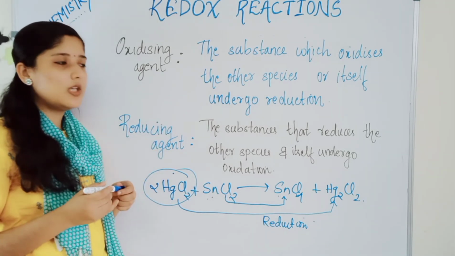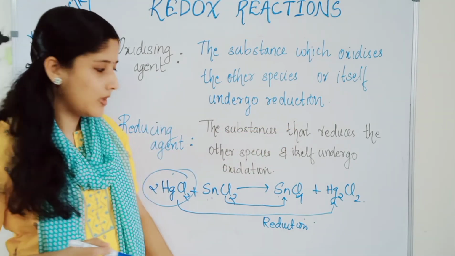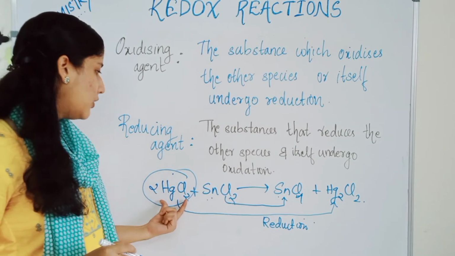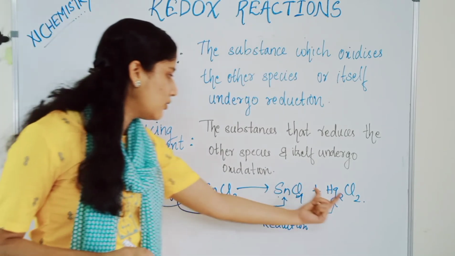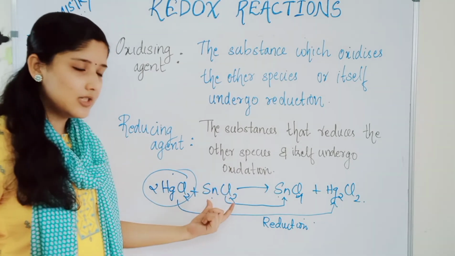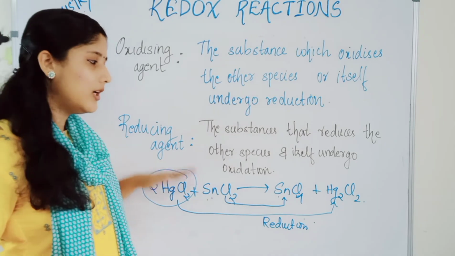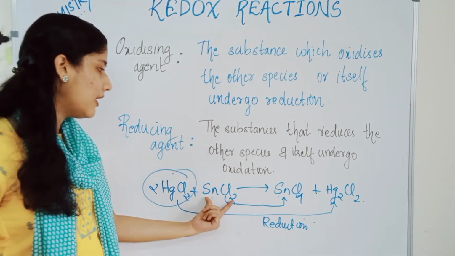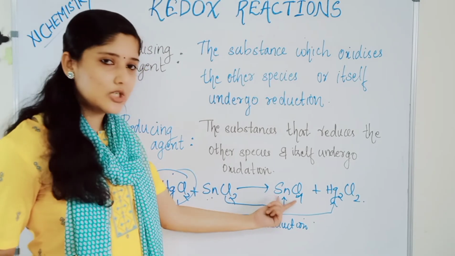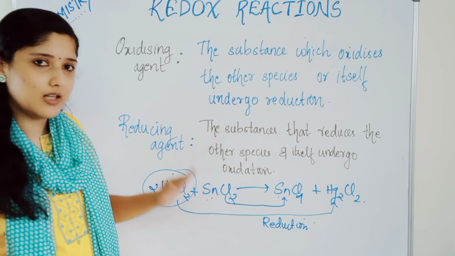Now what is a reducing agent? The substance that reduces the other species. So here SnCl2 makes HgCl2 undergo reduction to Hg2Cl2. SnCl2, what does it do? It makes HgCl2 undergo reduction and it itself undergoes what? Oxidation. Try to study the definition and then clearly understand the concept.